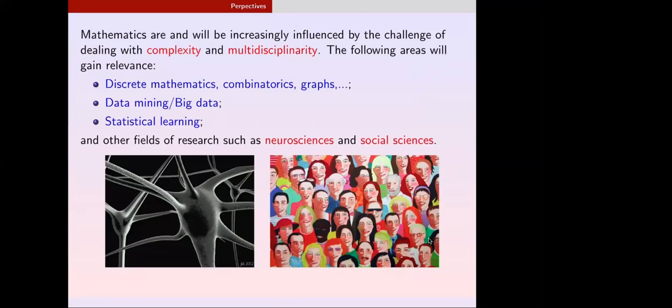And as I said, nowadays we are more and more influenced by the need of combining continuous modeling with the modeling of the discrete, right? Graph theory, networks, statistics play a more important role, right? Data mining, big data, data sciences, machine learning, statistical learning are key areas.